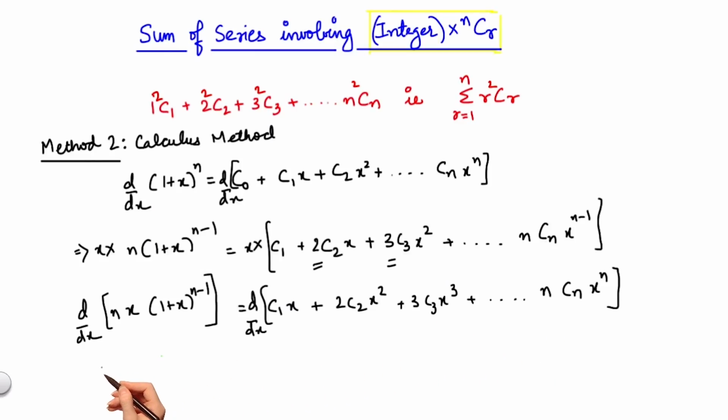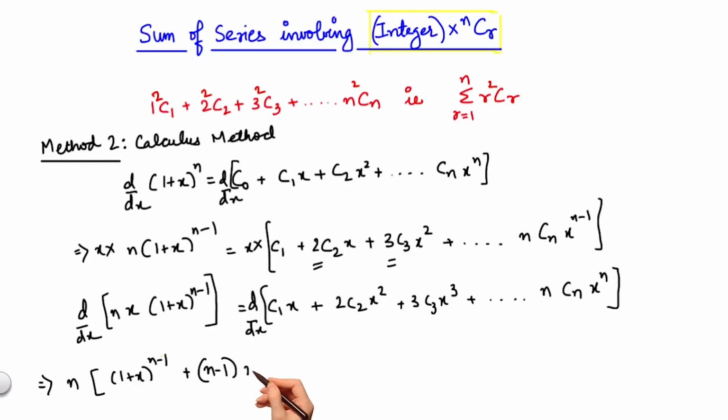In the left hand side, I can take n common outside and I would get 1 plus x to the power n minus 1 plus n minus 1 times x into 1 plus x to the power n minus 2. Again, if you are not very familiar with differentiation, this might seem very complicated, but trust me, this is very trivial once you have your hands on differentiation.